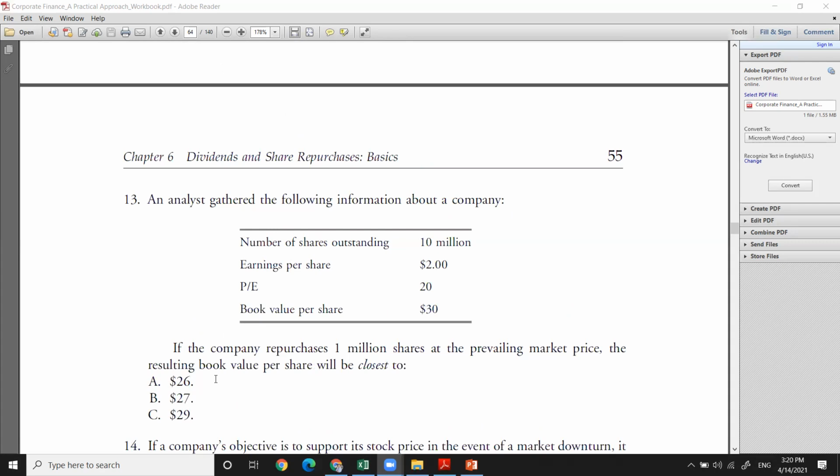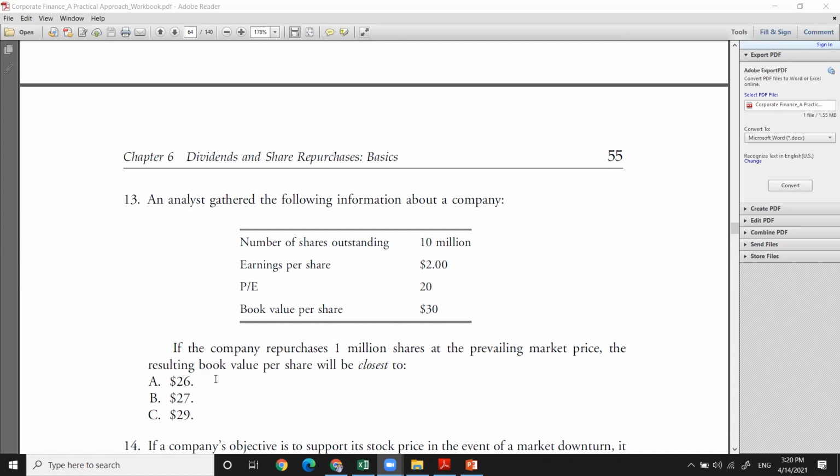First of all, we need to summarize everything. We need to know how to find the book value per share. First, we need to understand the book value.